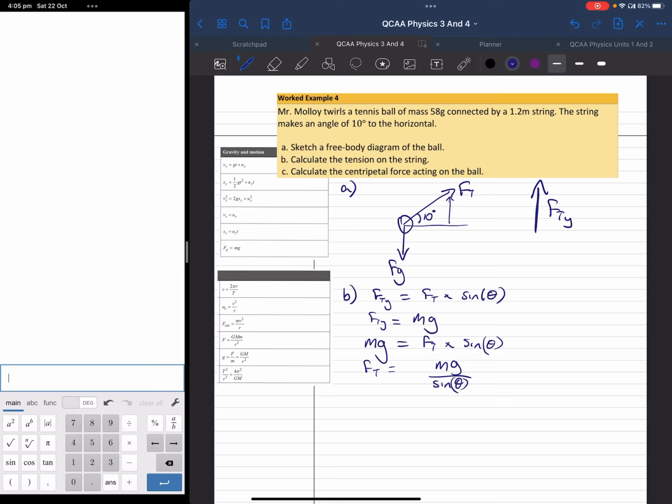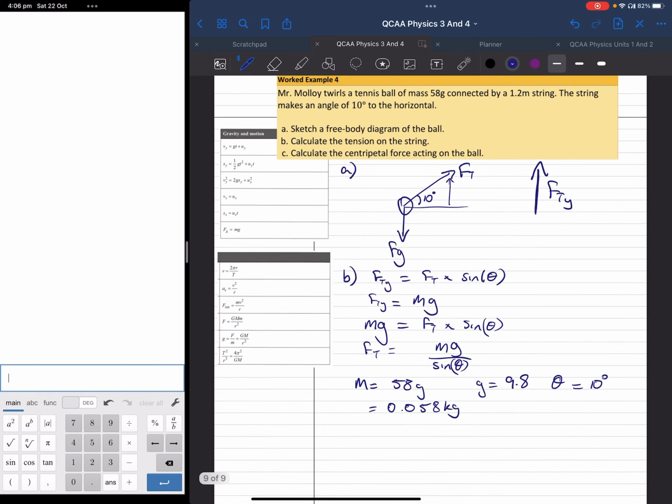Okay, my mass is 58 grams, which is 0.058 kilograms. g is 9.8 and theta is 10 degrees. So if I sub all of those values in, I get 0.058 times 9.8 divided by sine of 10.